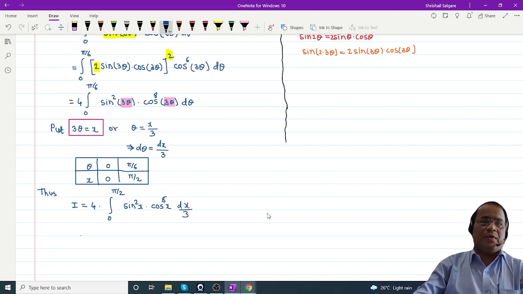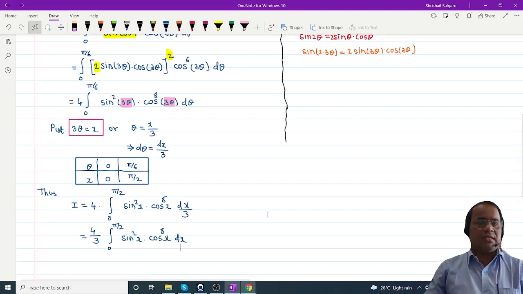Now further, this 3 also I will take outside. 4 by 3 integral 0 to pi by 2, sine square x into cos x raised to 8 dx.